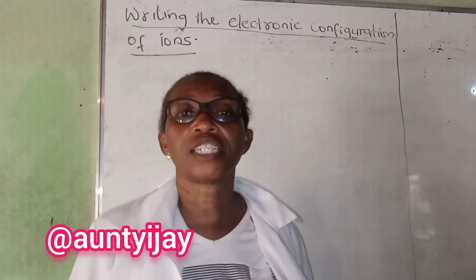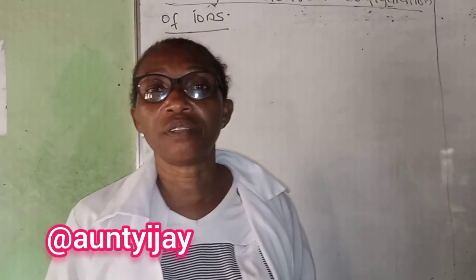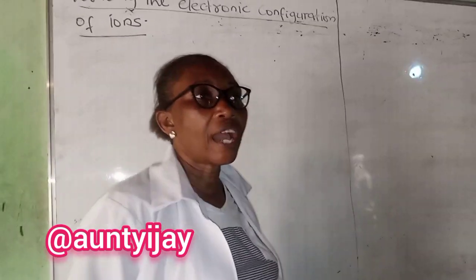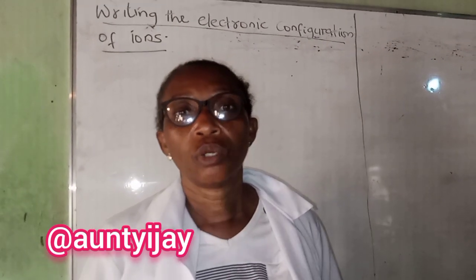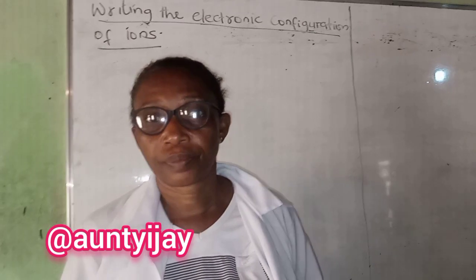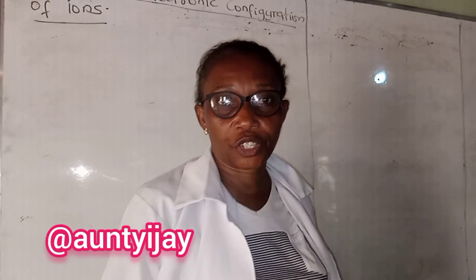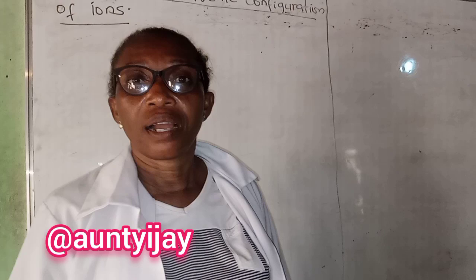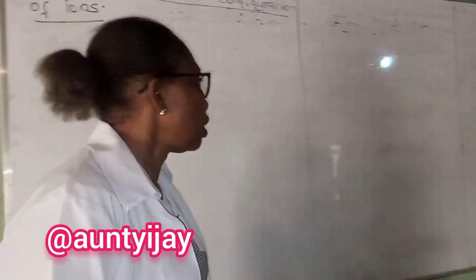I know that before now you must have been taught what an ion is. An ion is a charged particle, and that particle could carry either positive or negative charge. Positively charged ions are formed when the atom of an element loses electrons. The quantity of the charge carried by an ion determines the number of electrons lost.